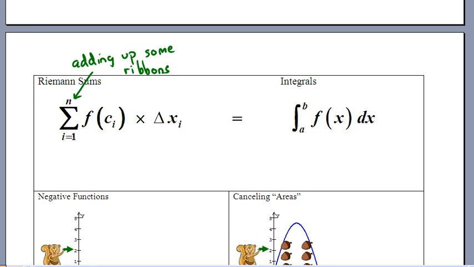As I look at this addition to try to figure out what's going on here, this is figuring out the height of each ribbon.